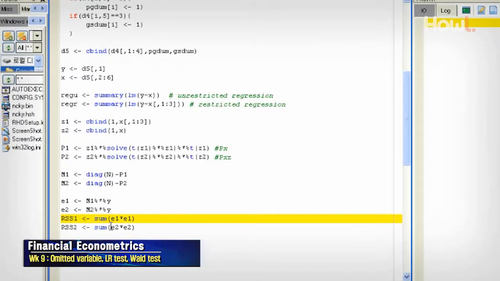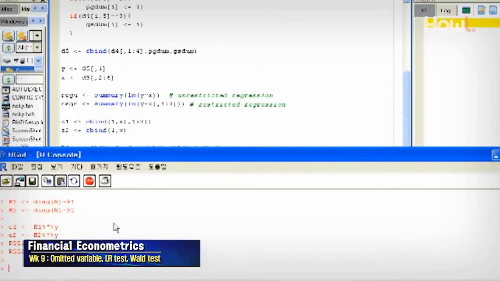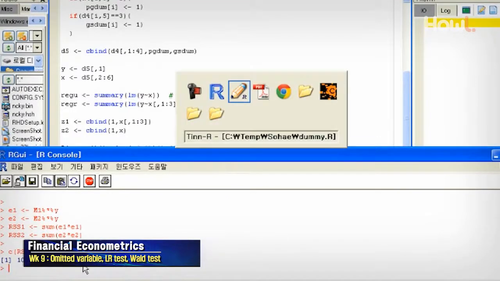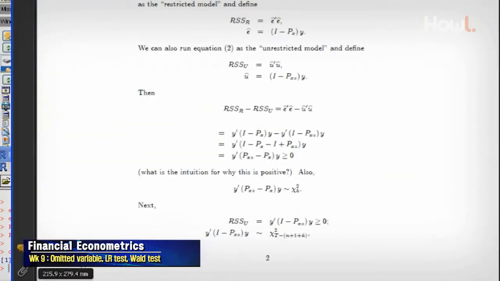Okay? So let me see. RSS1, RSS2, RSSU, and RSSR. So yes, I think this one is the same as this one, and this one is the same as this one. Any question?